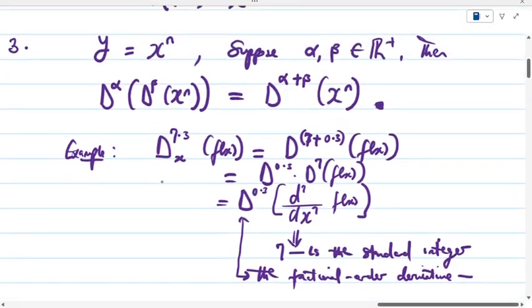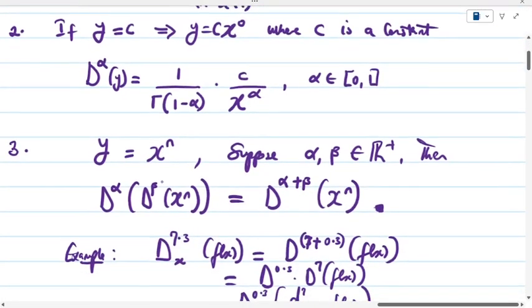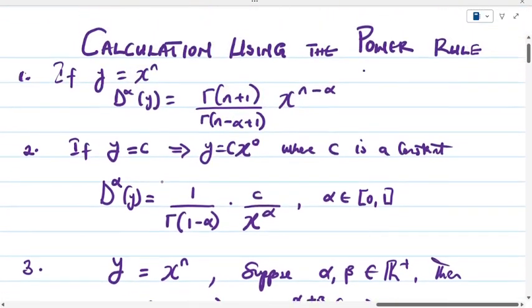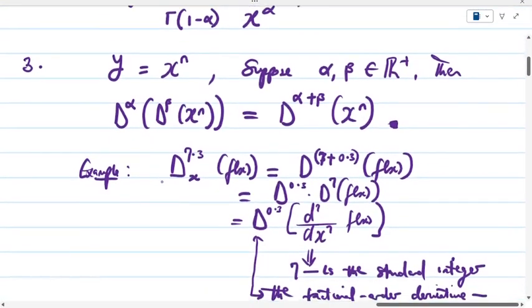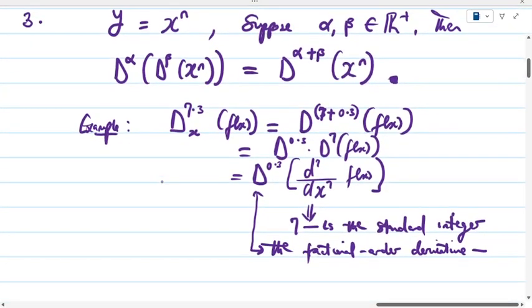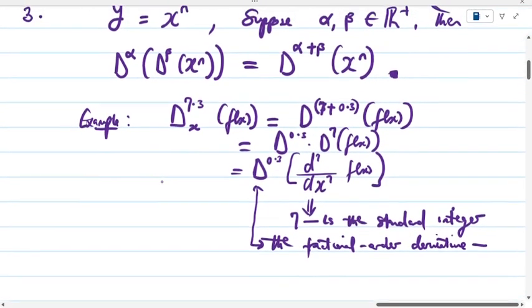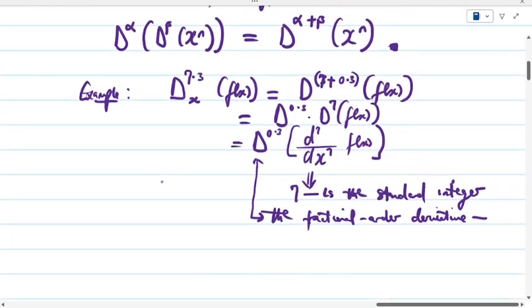Alright, so take note of that. The property is very, very powerful and needed where we are asked to find derivatives which involve integers and fractions. So you can split into two, whereby you find the standard integer order, then you now find the fractional order derivative.